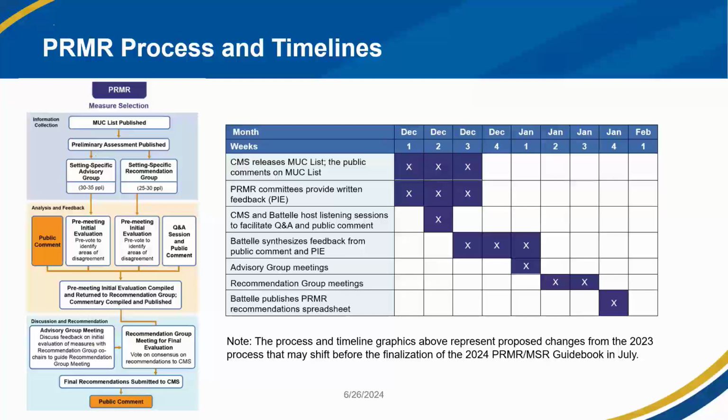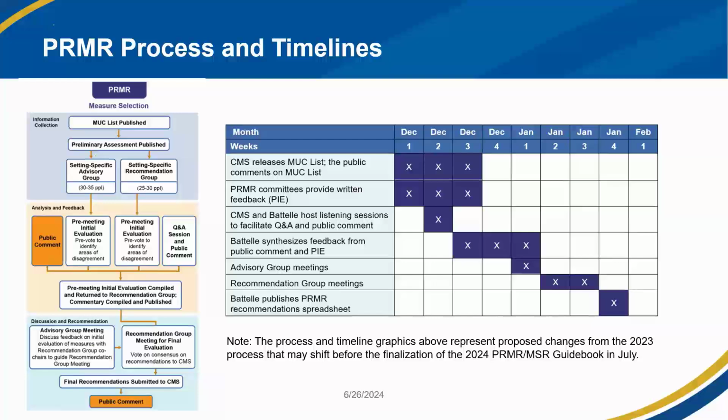So here you can see some of the specifics. I won't go into a bunch of detail here, but essentially it's an overview of the process as well as the timeline. There's a lot that happens between December 1st and February 1st when the recommendations to HHS are statutorily mandated. But the important thing to note here is that we have two opportunities for public comment, the first of which is approximately 3 weeks long.